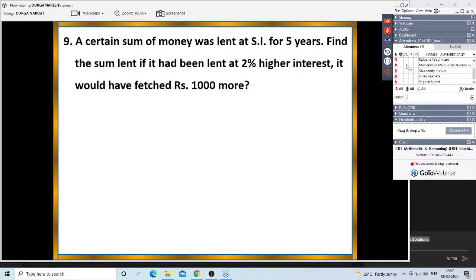Find the sum lent if it had been lent at 2% higher interest, it would have fetched 1,000 rupees more. This is the homework for everyone. Please do it now.